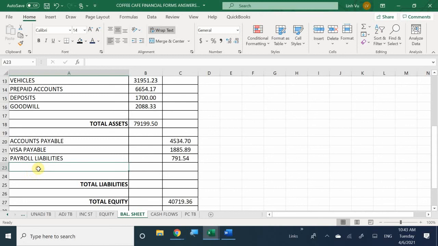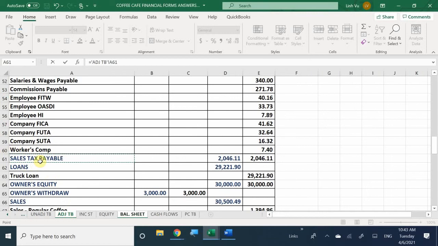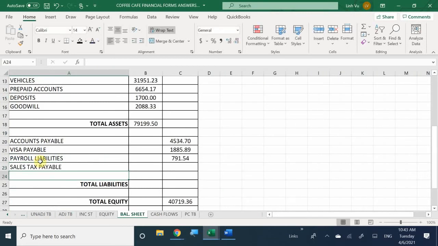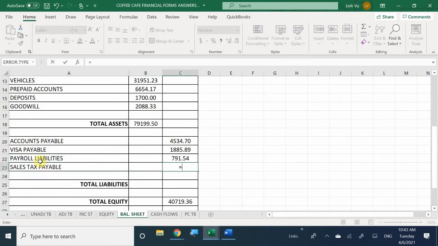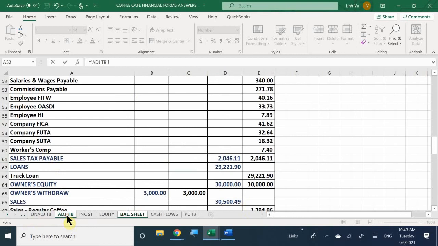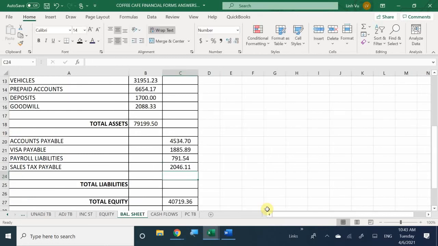I was supposed to collect my sales tax payable for the total amount of $2,046.11. All right.